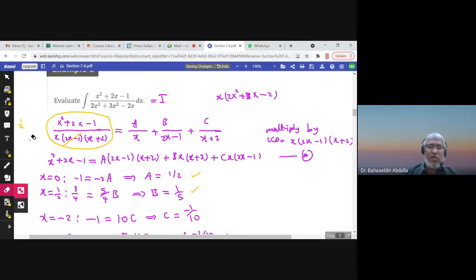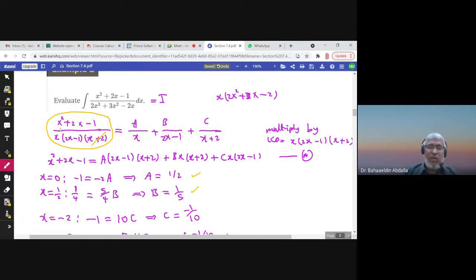Also c, you can do that. So we can use this quick method, and I will always be using it from now on. For example, to find c, I erase x plus 2, and I replace x with negative 2 here.